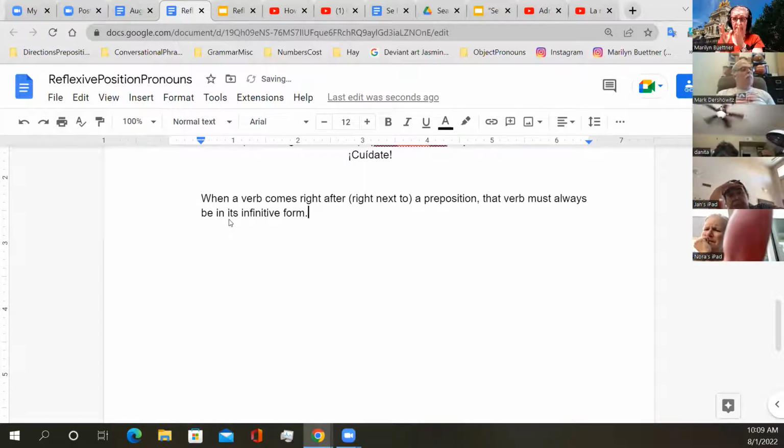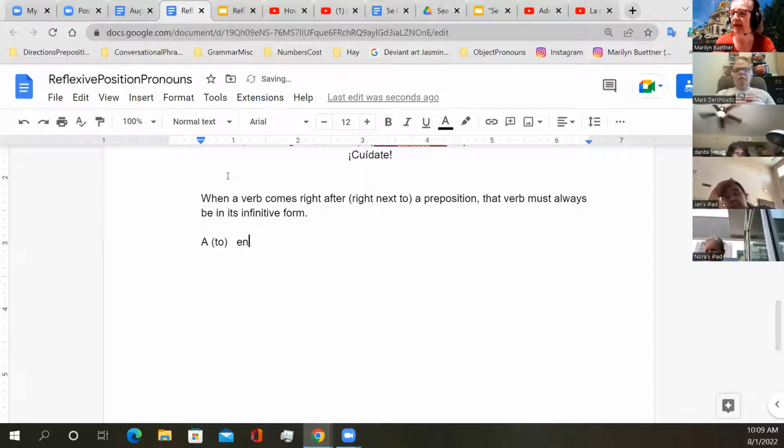Okay, so let's start with that, because that's a little piece that's good to know before you even get to the pronoun thing. First of all, what the heck is a preposition? A preposition is an itty bitty word that doesn't have a whole lot of meaning, but everybody knows what they mean. So they're words like en, para. Para means many things, but it might be for, in order to.